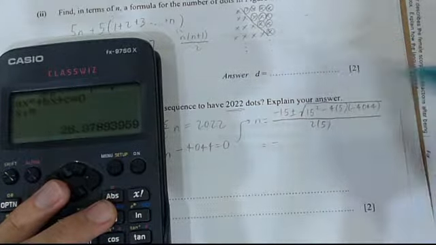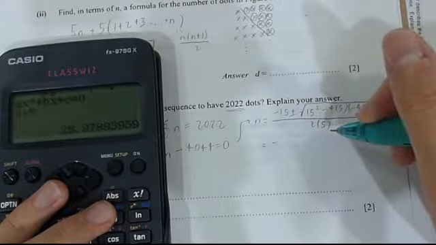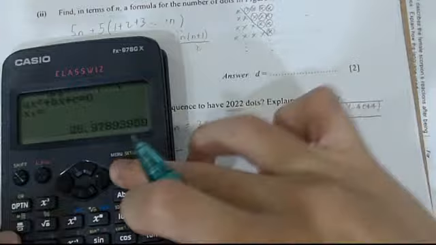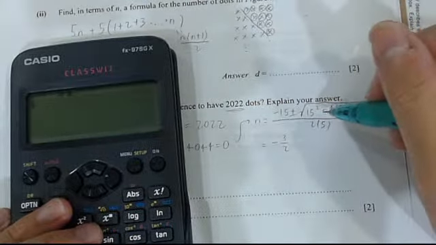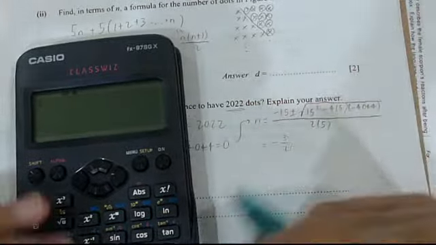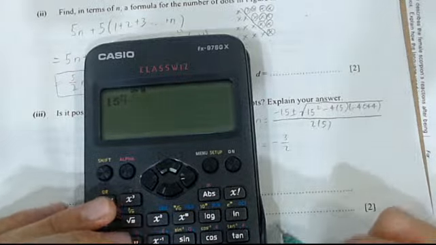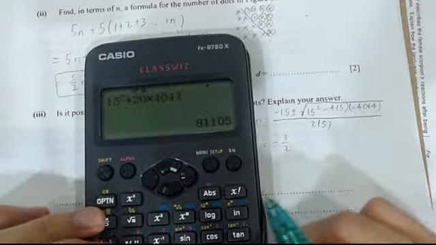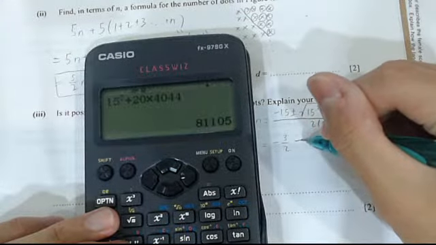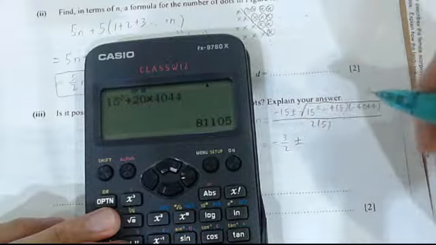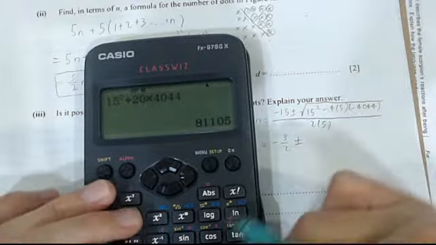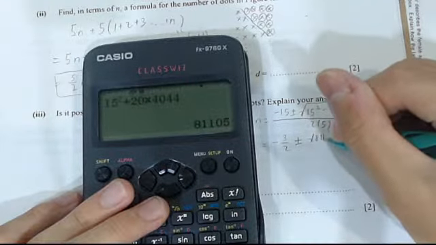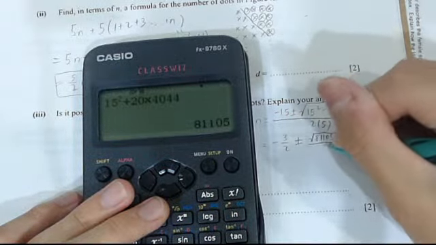The whole number part is negative 15 over 2 times 5, so that's negative 3 over 2, plus or minus the square root of 81135 over 10.